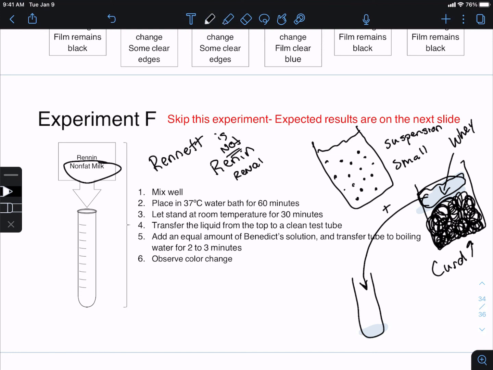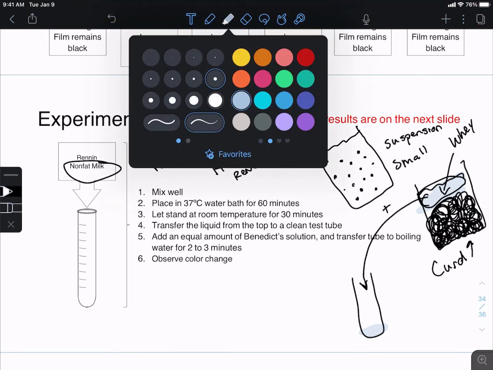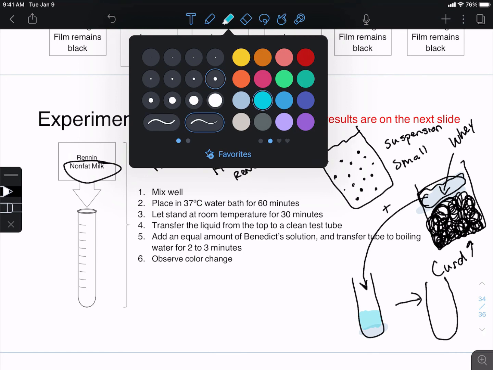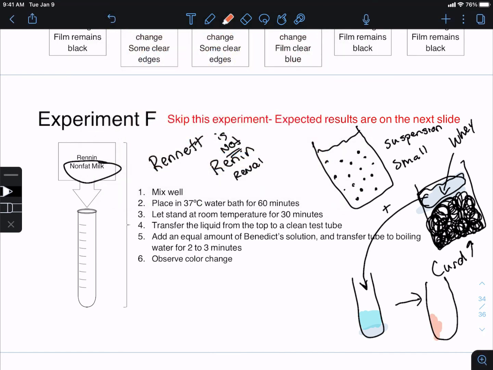And then you're going to add your Benedict solution to it, hopefully an equal volume, as close as you can get. Boil that. And what you should see, this is the big question mark, is that this should change colors. And you should indeed get a nice orange color after you've boiled that for 2 minutes.